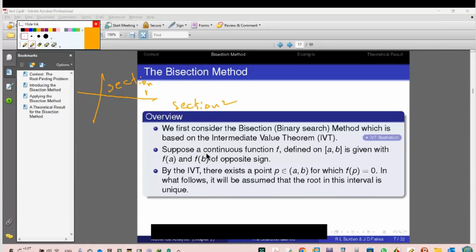Suppose a continuous function. So bisection is for continuous functions. Can I use it for discrete? No. It's defined on the closed interval [a, b].